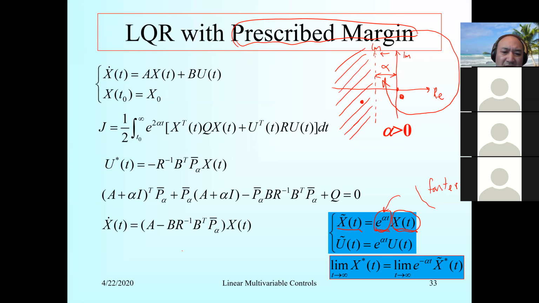On the other hand, I hope you understand something. Let's say you have f of t and f of s, a Laplace transformation pair. What do you think about e to the power of at multiplied by f of t? This is F of s minus a.